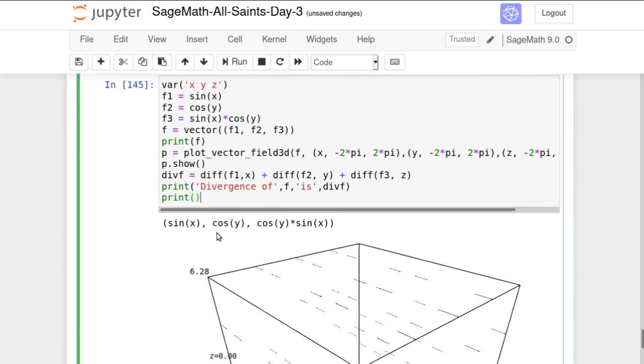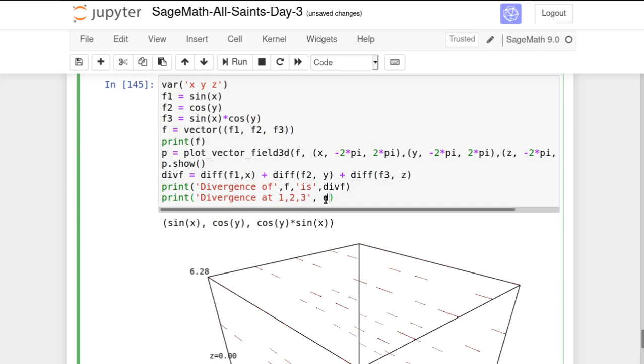Then we can see that the divergence we can substitute by using the substitution command, divergence at a point, say 1, 2, 3. Suppose that this is the point that we are giving.